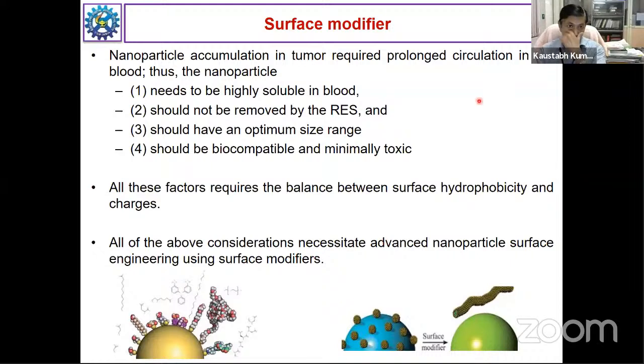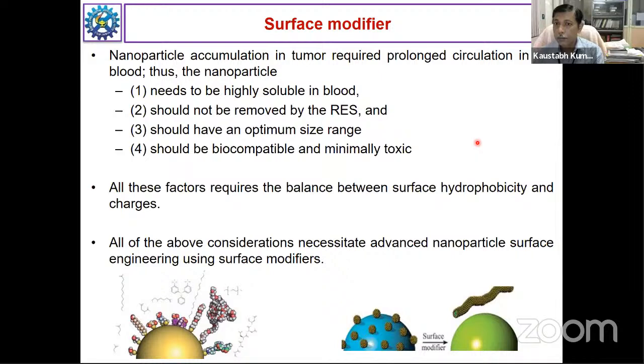The carriers should be very good in the circulatory system, meaning high solubility in the blood, and they have to overcome the RES, the reticuloendothelial system. They also have to optimize the size range, with a high degree of biocompatibility and minimal toxicity.